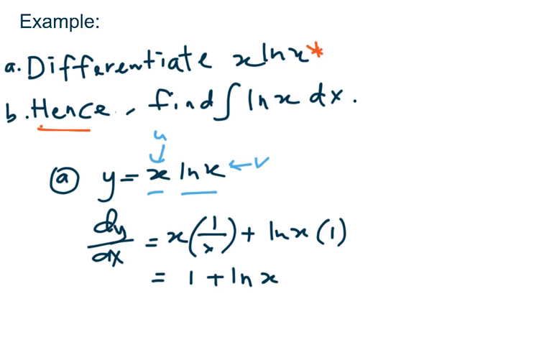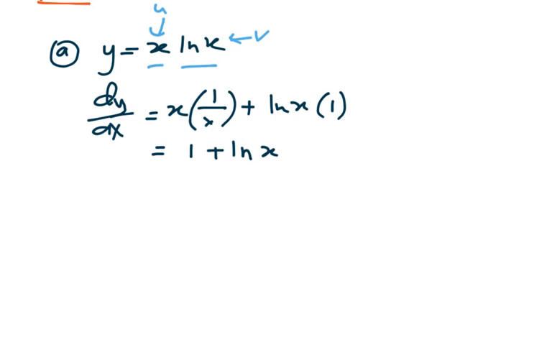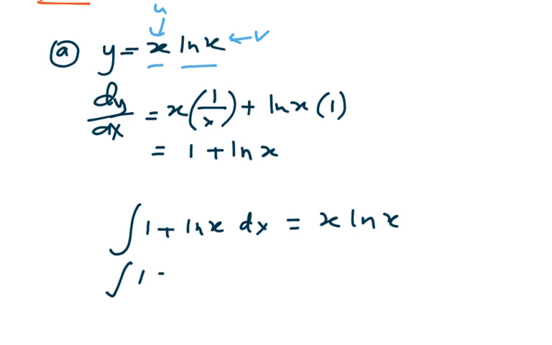That is for part A. To continue with this, since we have this relation, I can also write it as integration of 1 plus ln x with respect to x will be giving me x ln x. Or I can also write it as integration of 1 dx plus integration of ln x dx is equivalent to x ln of x.